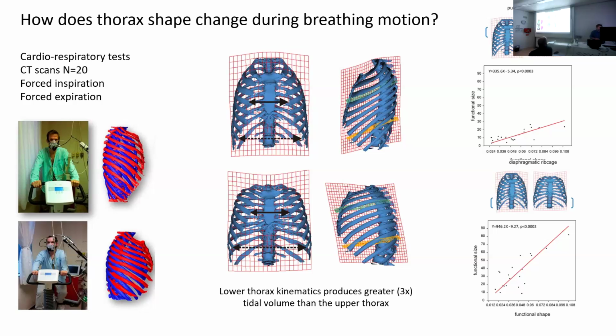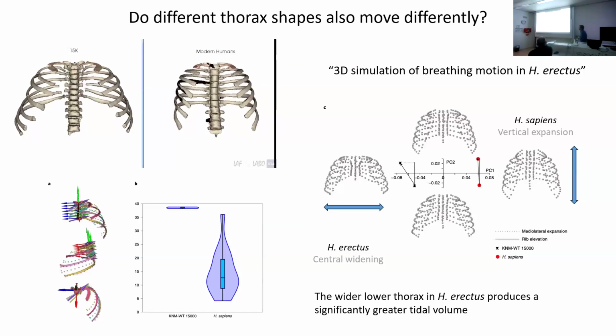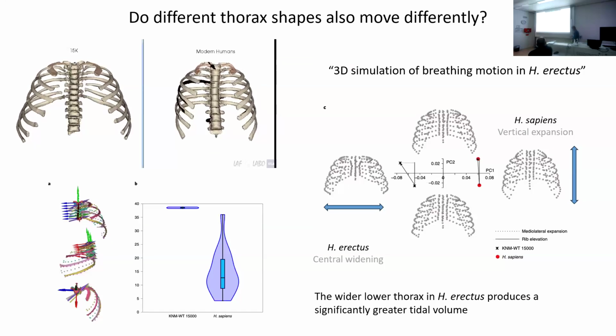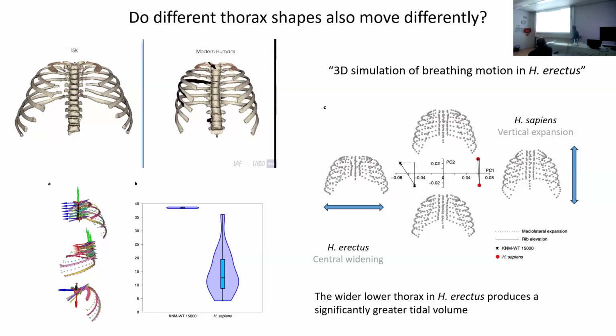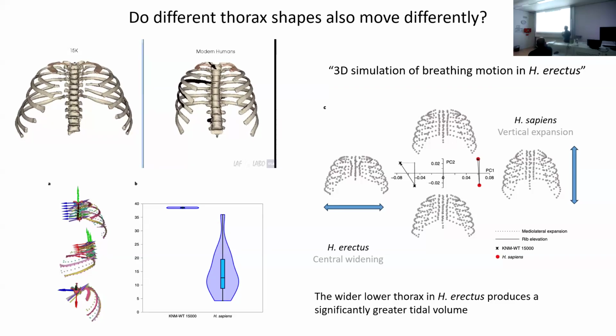And so this is potentially interesting in the context of our fossil reconstruction, where we have seen that the lower part of the Homo erectus ribcage is wider than the lower part of the ribcage in modern humans. And so we made a forward simulation of the motion of the ribs within the articulation of the thoracic spine.